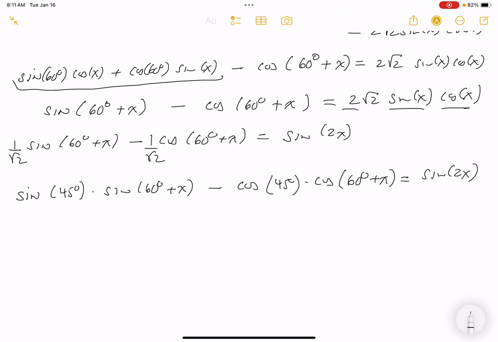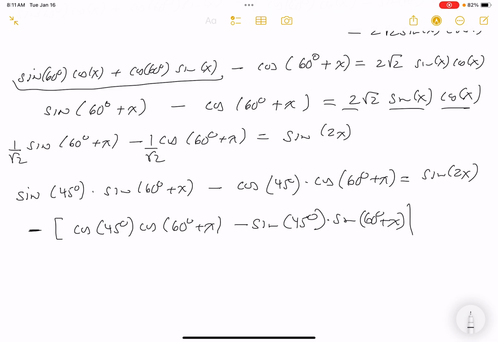Okay, I recognize the sum again. Let me tell you what I recognize over here. That this is minus cosine 45 degrees cosine 60 degrees plus x minus the sine of 45 degrees times the sine of 60 degrees plus x. And that's a sine of 2x. It's going to be minus.